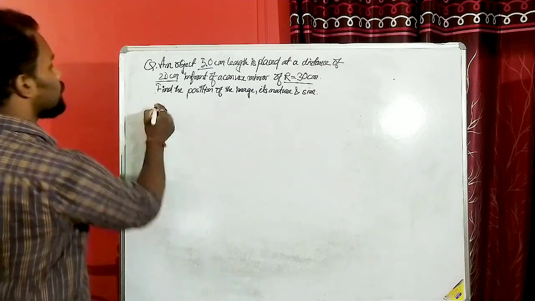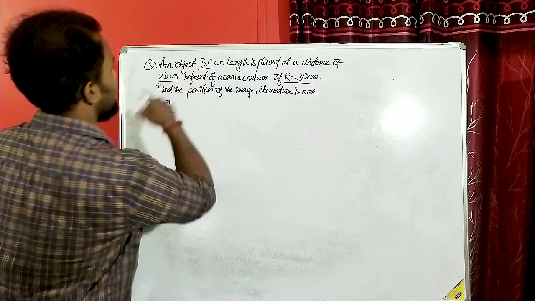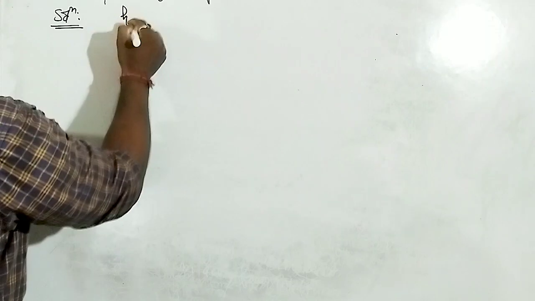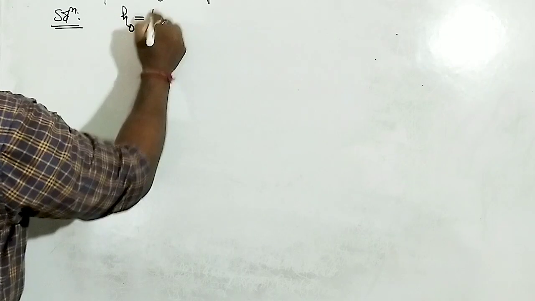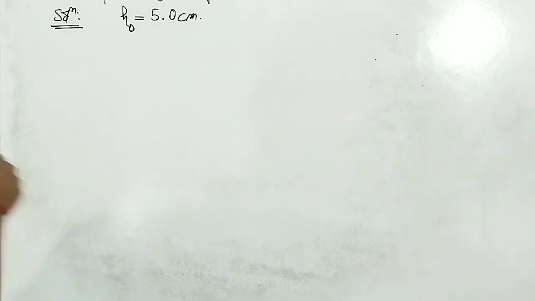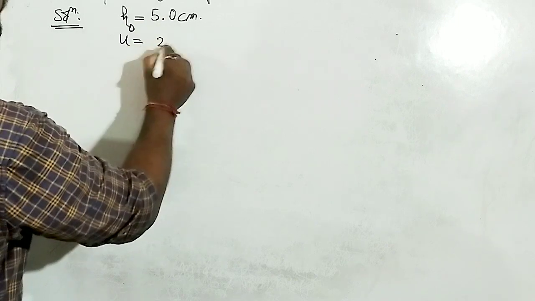Now, first we will write down what is given, right? What is given? Object 5 cm length. That means object height is given, which is represented by HO, 5 cm, right? Now, object distance is given. That is represented by U. What is given? 20 cm.